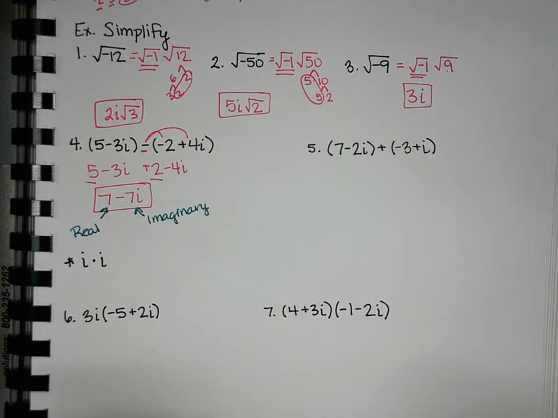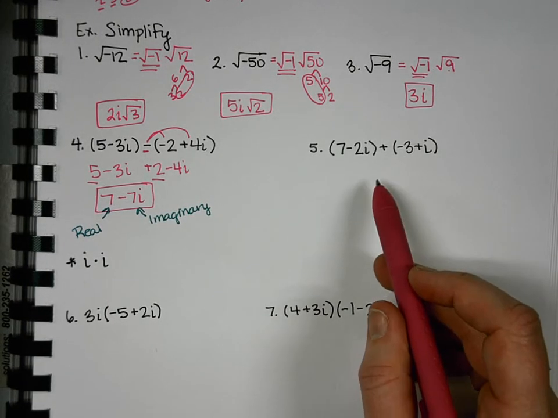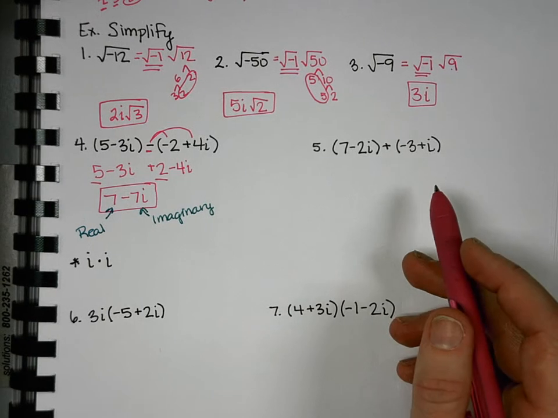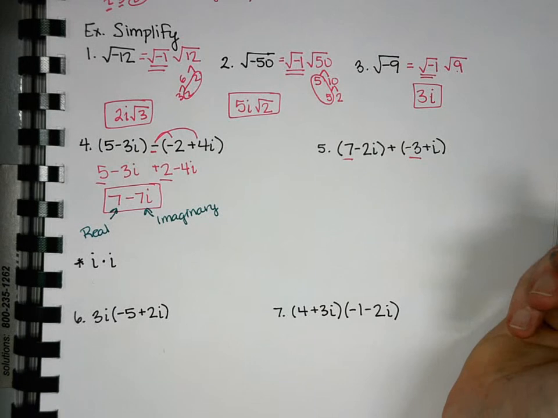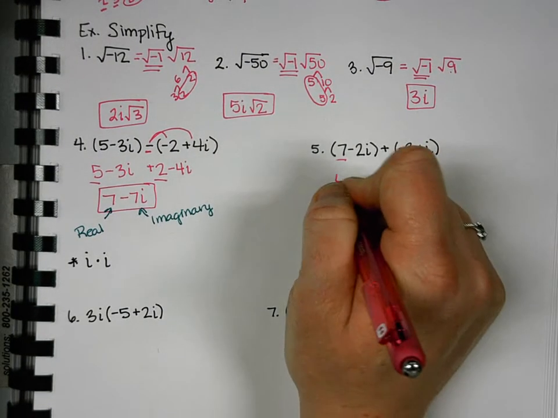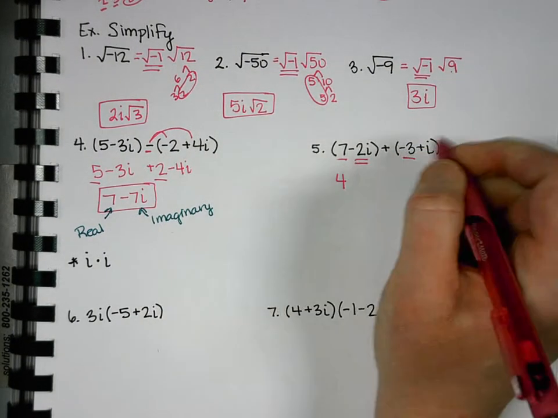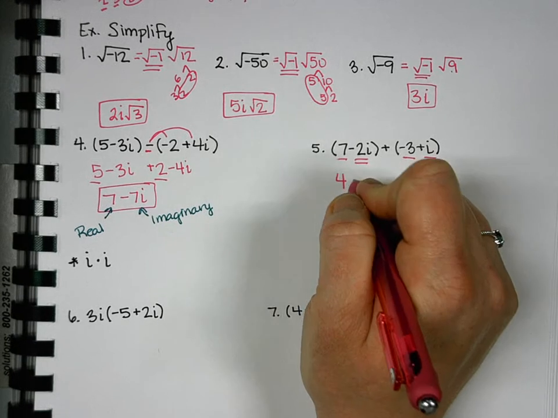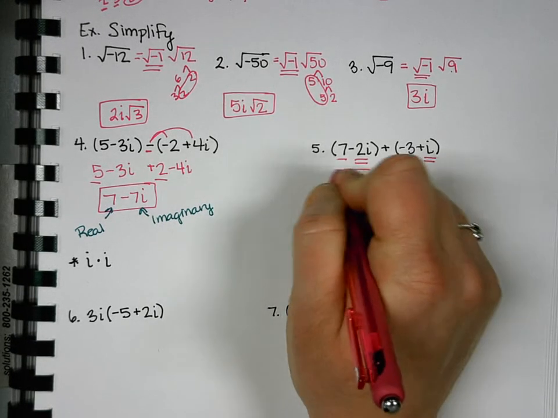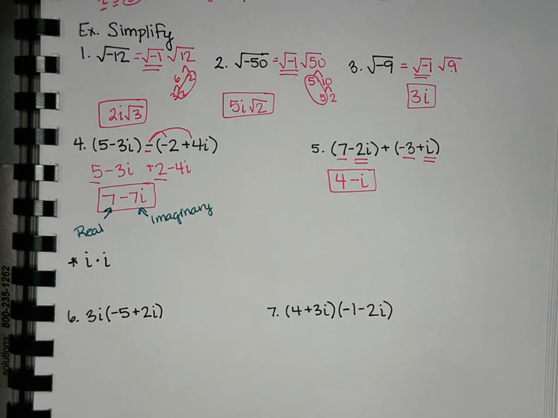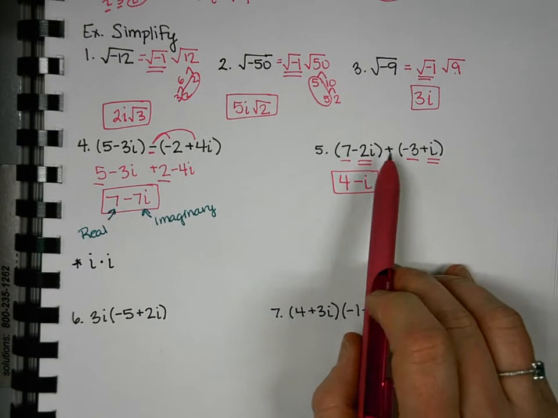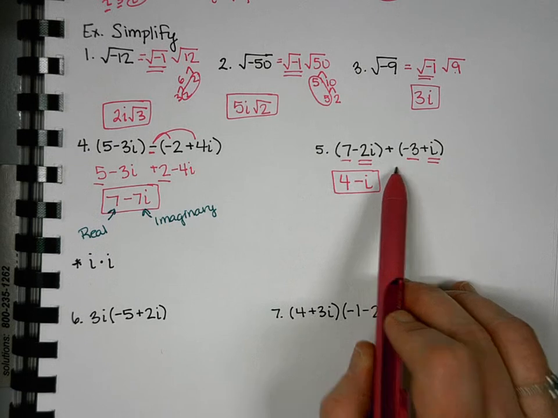Okay, so what about this one where we're adding? We don't have any distributing. So 7 plus -3 is what? -2i and i, -i. So I just added like terms because we didn't have a negative to distribute, which means we just combined like terms.